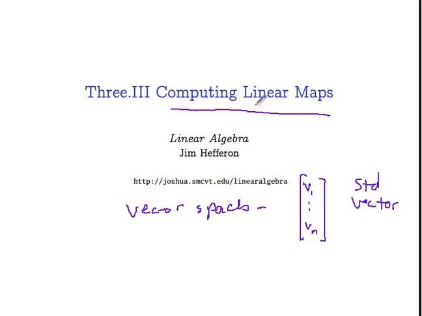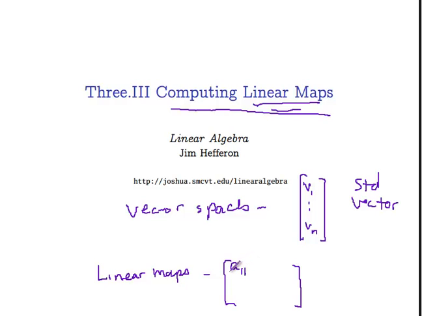Now, when you're talking about linear maps, there's a similar object that represents the standard linear map, and that's called a matrix. So a matrix is an array of numbers. Typically, we'll represent a matrix using letters and then two indices.